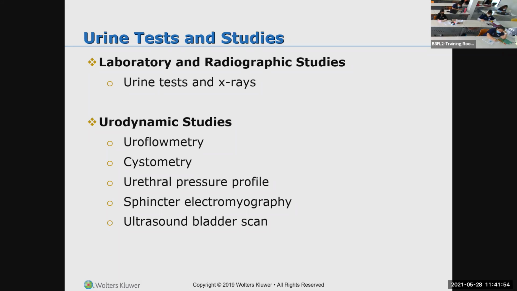Because when the bladder muscles are contracting, urethral pressure has to go down so that urine can flow through the urethra. We also check sphincter electromyography and ultrasound bladder scan.